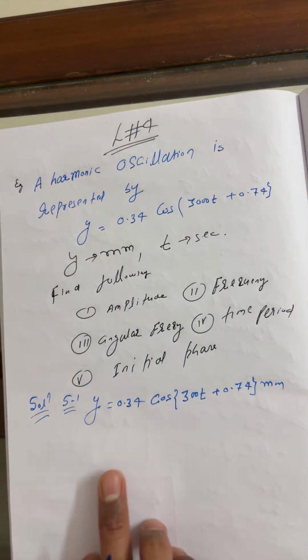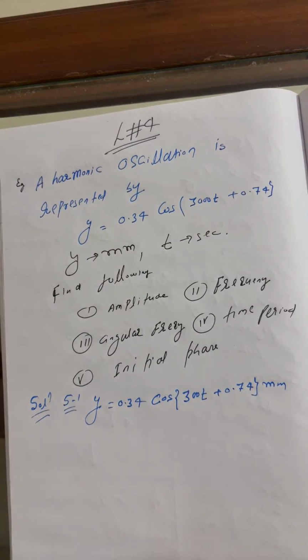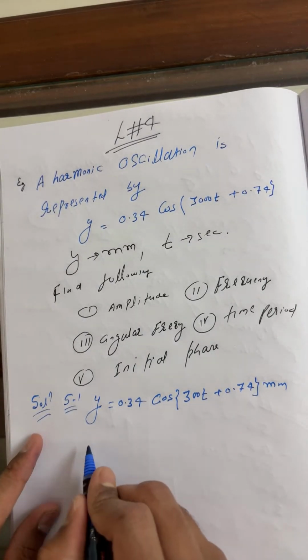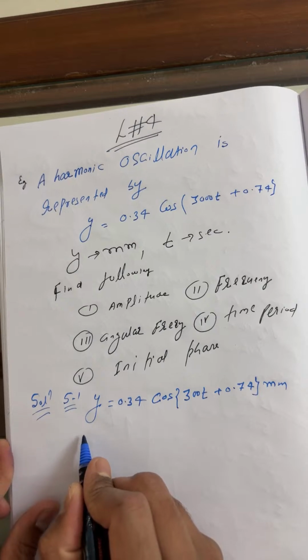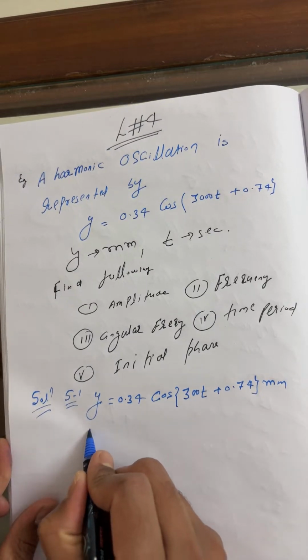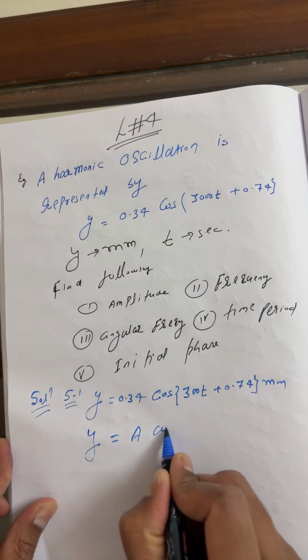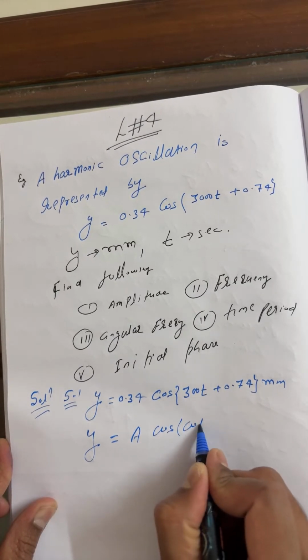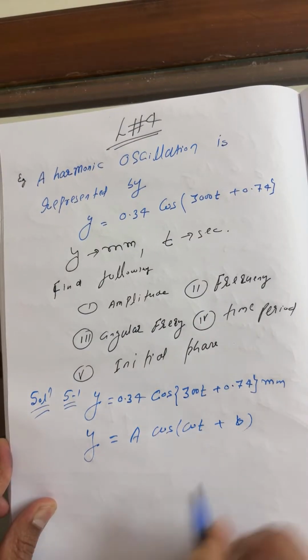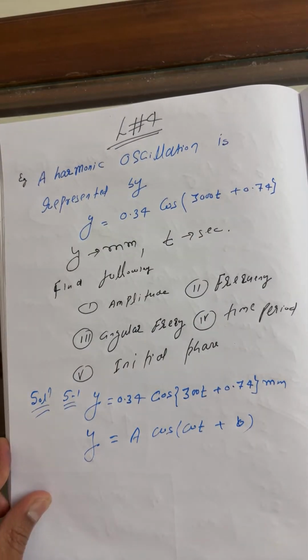This equation you have to equate with the general equation of traveling behavior, y equals A cos of omega t plus phi, A cos of omega t plus phi, right?